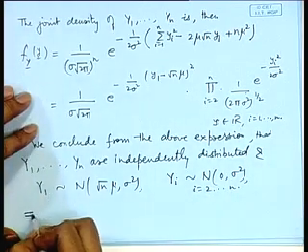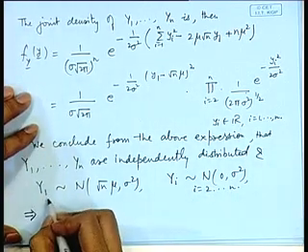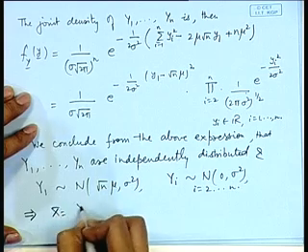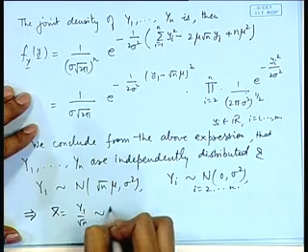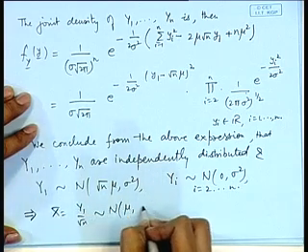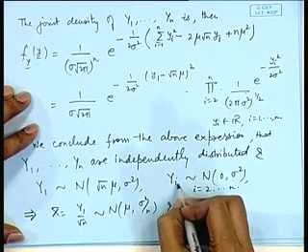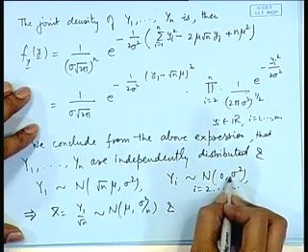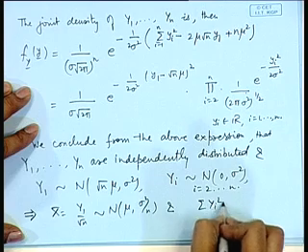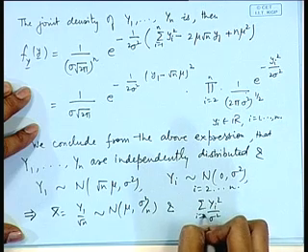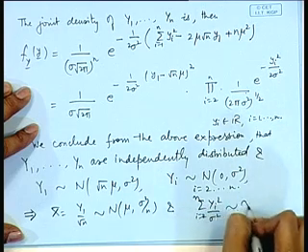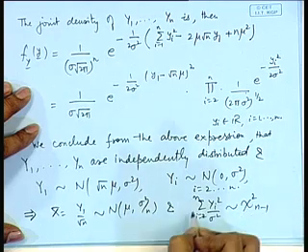So, this implies that since y1 is root n x bar, that is x bar is equal to y1 by root n, that will follow normal mu, sigma square by n. And the sum of the squares of these yi's divided by sigma square, that is sigma yi square by sigma square, i equal to 2 to n, will follow chi square on n minus 1 degrees of freedom.